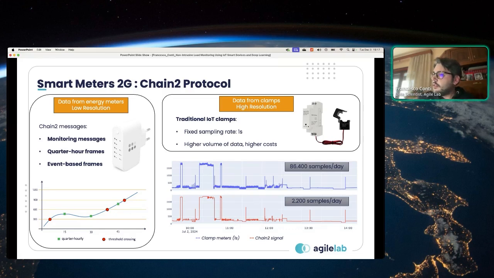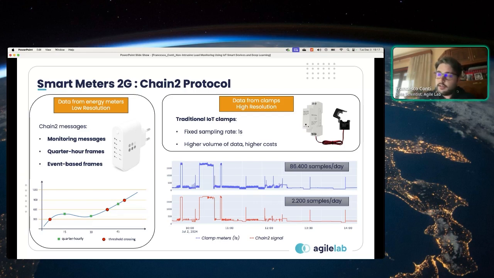This device is provided with a probe that will sense the energy in your meter. So it is not receiving messages from your meter, but it has a probe to sense the power. Usually, this kind of device works with a fixed sampling rate. For example, 1 second. That means 1 sample per second, 1 hertz.